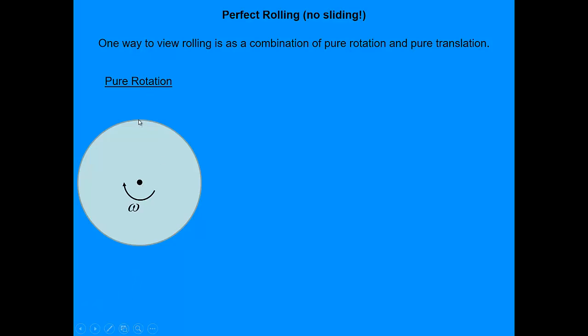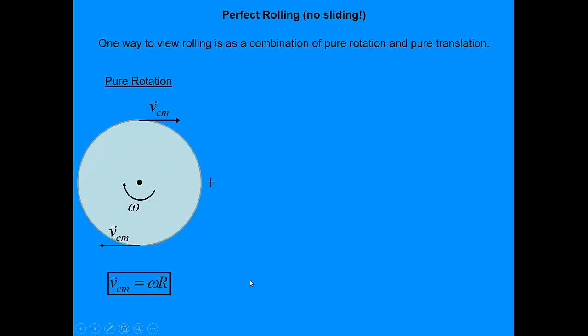But a point on the top, we can relate the speed of the center of mass to omega and r. And so that means that the top would be moving forward with a speed of the center of mass, because it's a distance r away. And a point on the bottom would be moving backwards with the speed of the center of mass, because again, it's a distance r away. This is looking at the rolling, but just the pure rotation aspect of it.